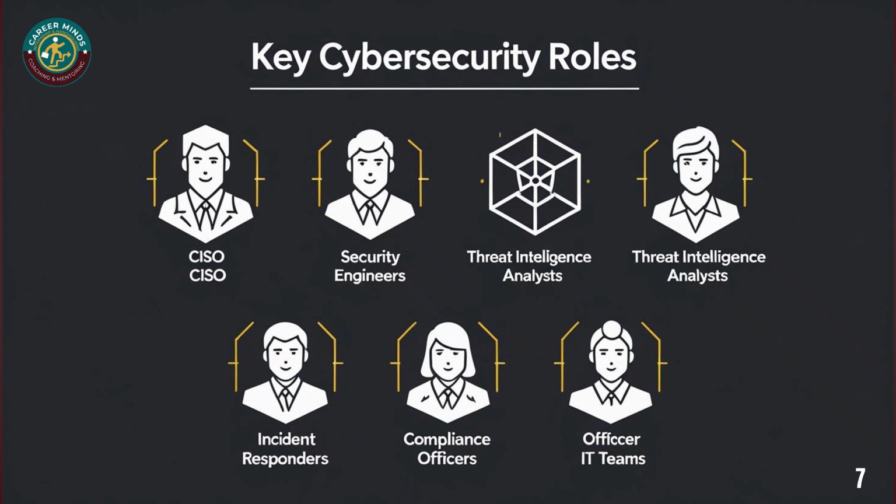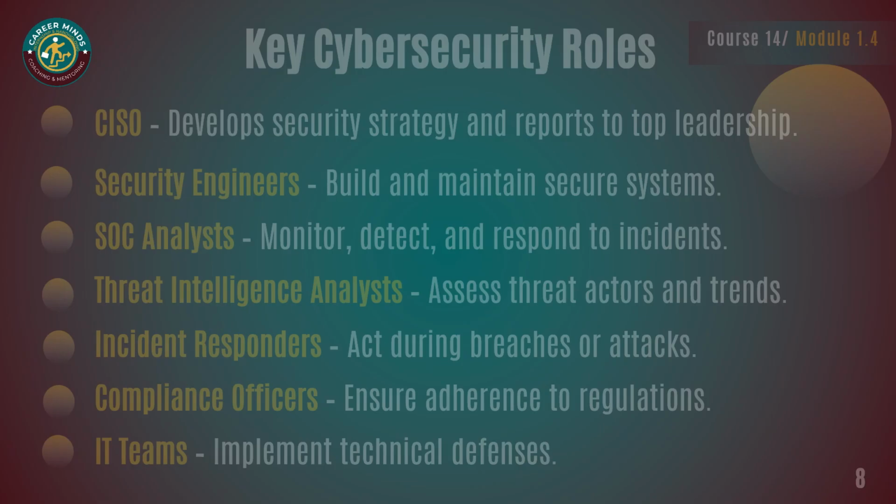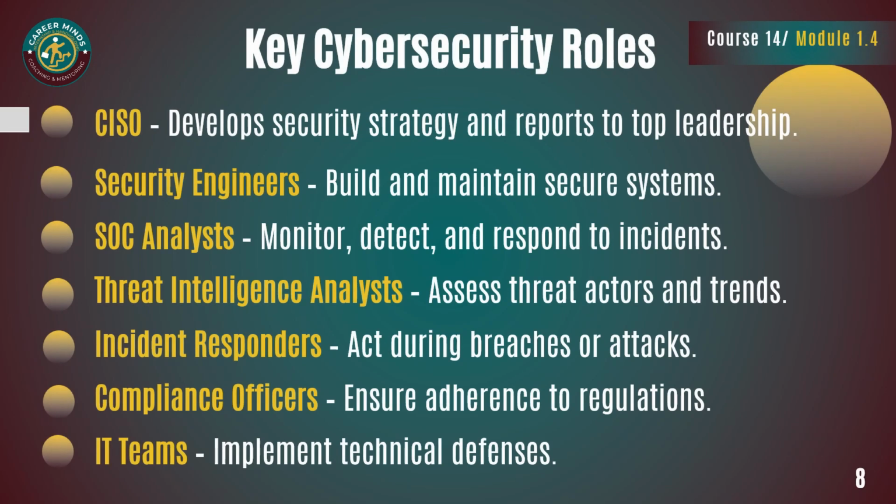The key cybersecurity roles inside an organization are so key because they are the ones that sit in the driver's seat. First up is the CISO, the Chief Information Security Officer. They are the strategic lead, the one who develops the security vision and roadmap. They communicate with the executive team and ensure security is embedded in the business model.